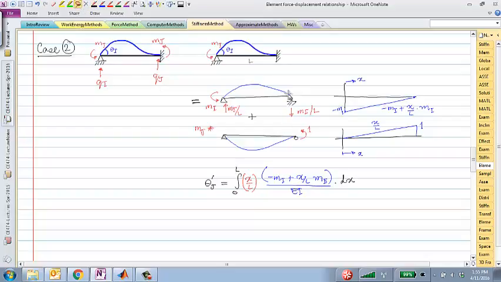That would be the rotation at the right end due to a load mi applied here, correct?